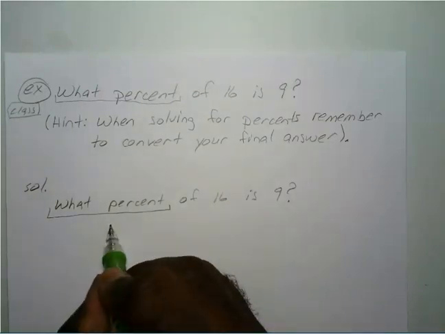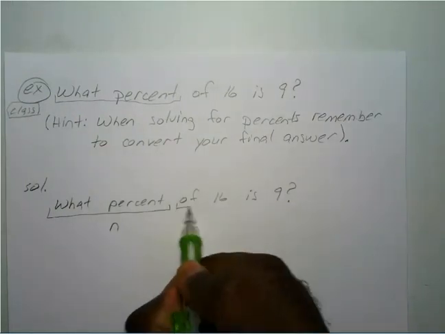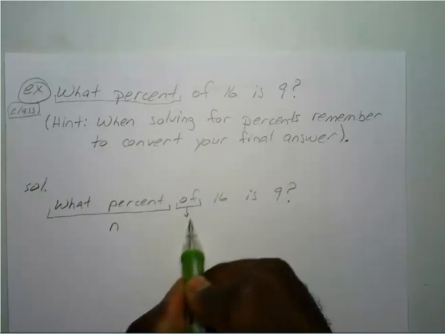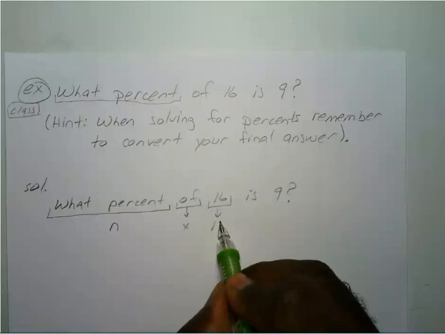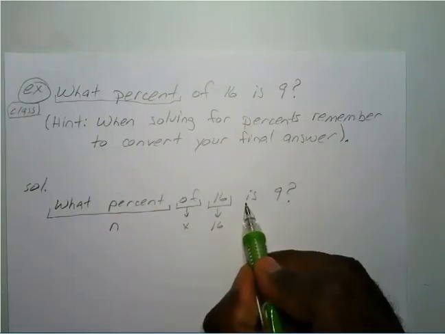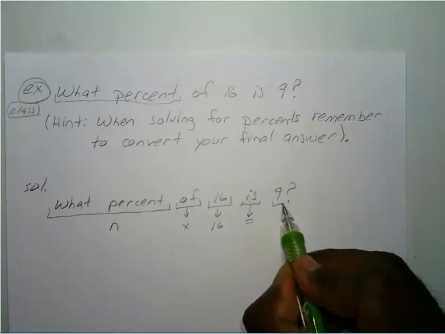So we're going to go ahead and give that a variable. We can make it x, we can make it n, we can make it whatever you like. I'll just put n. Remember, of, that's multiplication. So that becomes times. And 16 is just 16. Is, remember, is equivalent to saying equal to. And 9 is just 9.